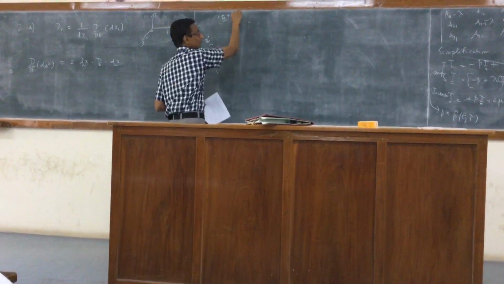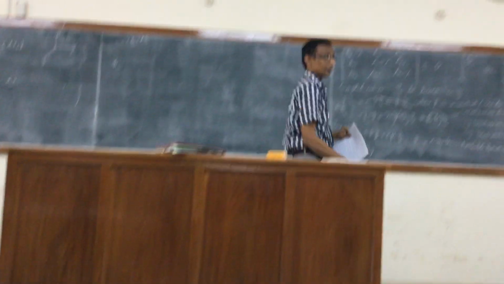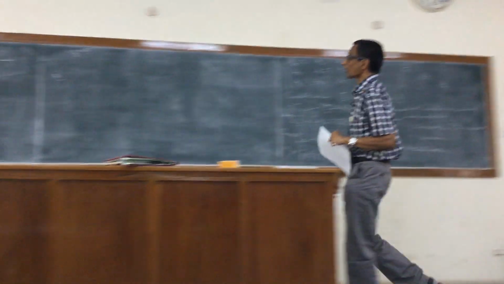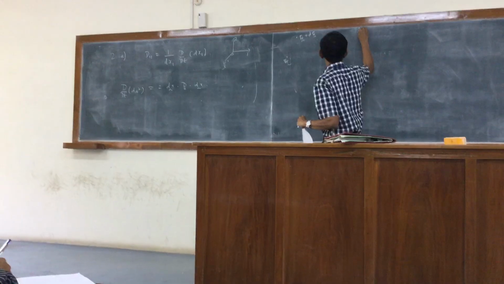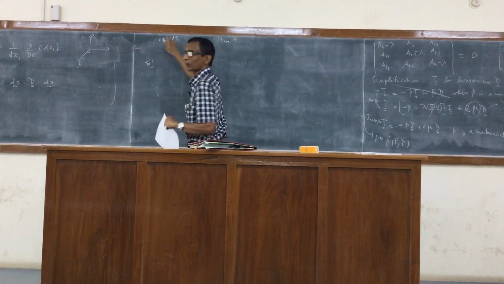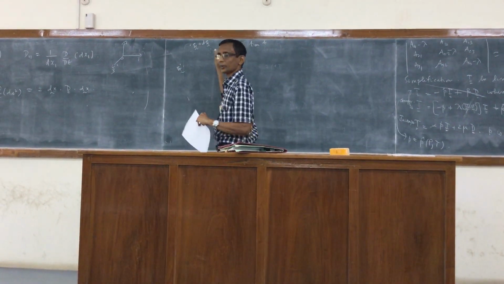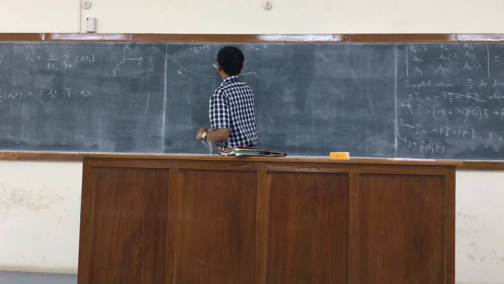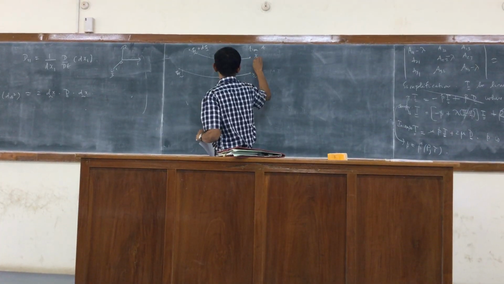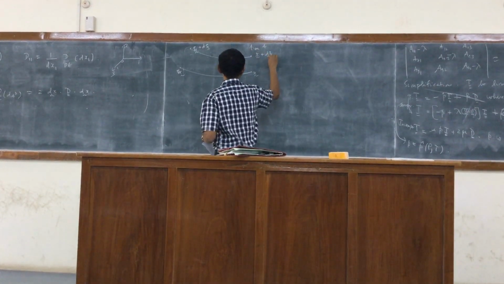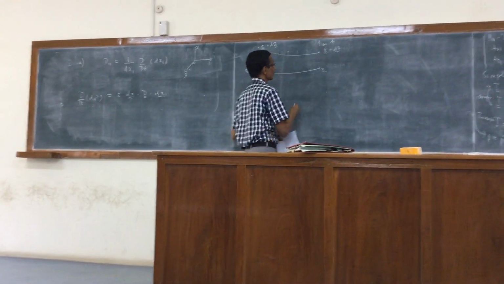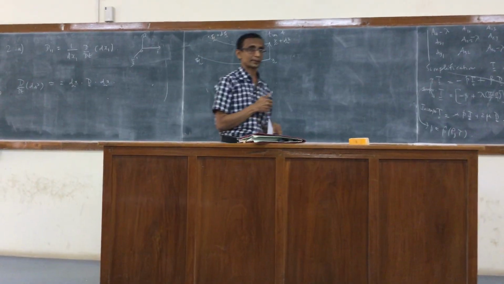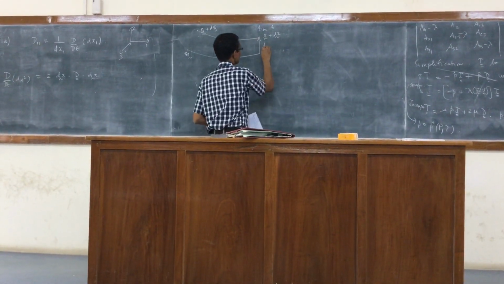We characterize material points by the material coordinates. Right? Now at a particular time t, this has moved to x, and this has moved to x plus dx. So the dx is really the vector connecting x and x plus dx.